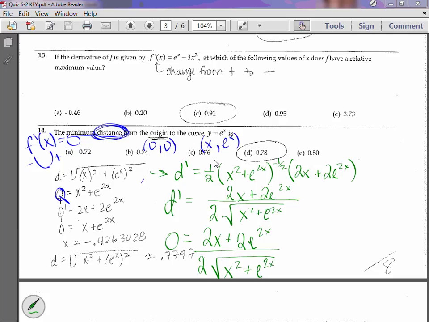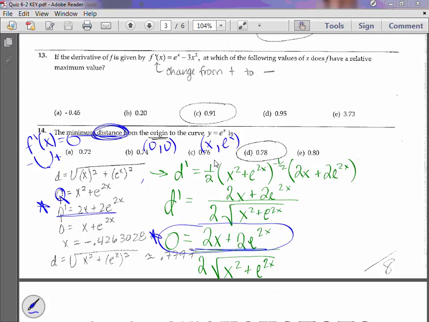How do I make this whole fraction 0? What needs to be 0? Just the top. I just need the top to be 0 in order for the whole fraction to be 0. Notice that we achieve the same thing regardless of which method we use. So you can take the derivative like normal, and you're going to arrive at the same thing.